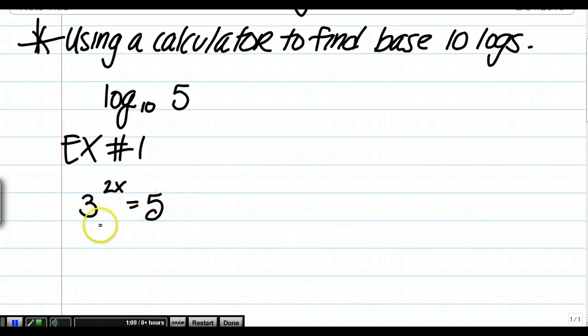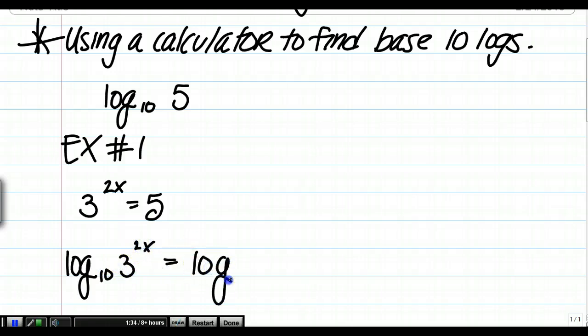But there's no way that I can make a 3 and a 5 the same base. There's nothing I can reduce down to make it 3 squared or 2 squared that's going to give me a 3 or a 5. So I can't use that rule. I had to use a new rule. And whenever you come into that problem, you can take the log base 10 to both sides of the equation.